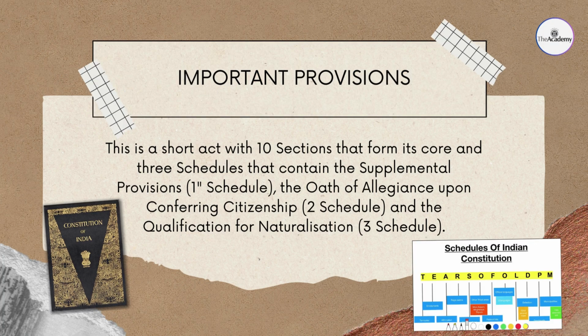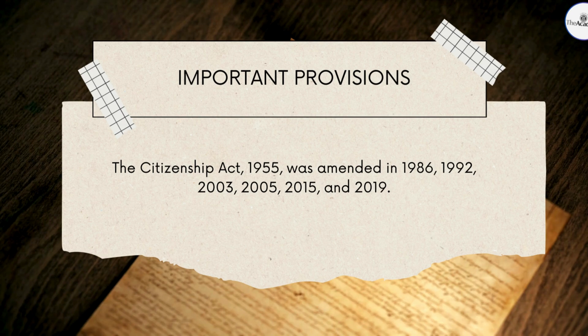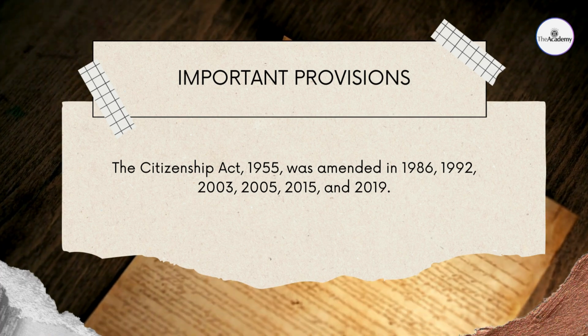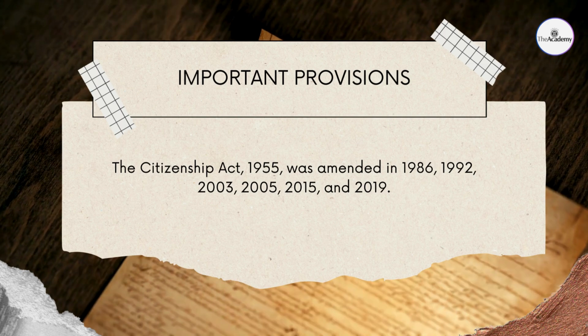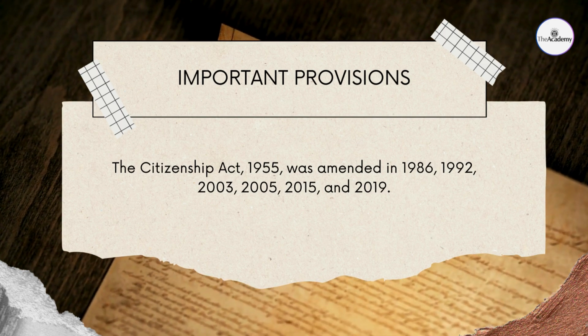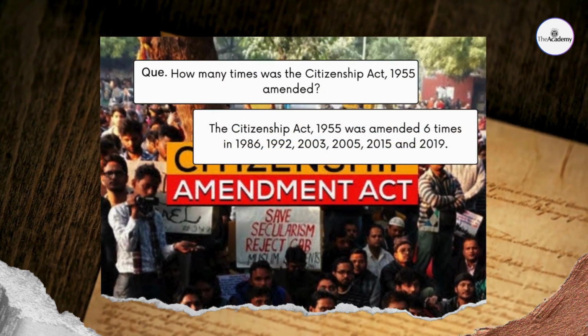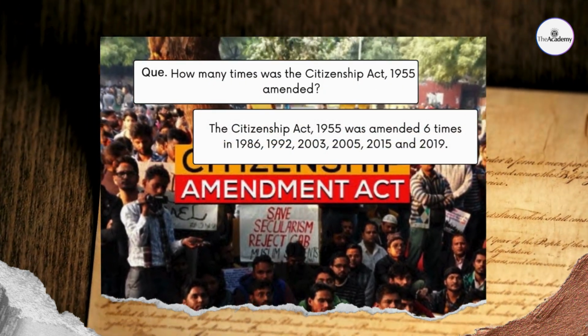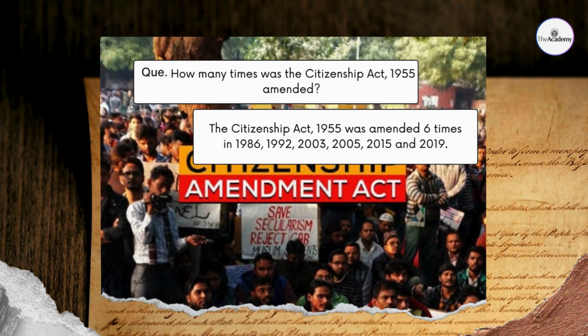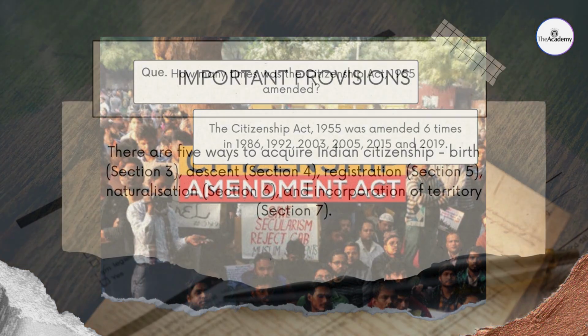This Citizenship Act of 1955 is a short act with 10 sections and 3 schedules. The Act was amended in 1986, 1992, 2003, 2005, 2015, and 2019, the much debated Citizenship Amendment Act.